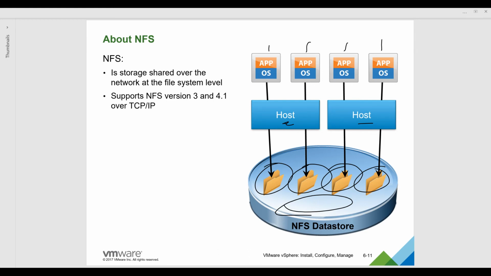Now, one thing I want to point out, because NFS 3 and NFS 4.1 clients do not use the same locking protocol, you cannot use different NFS versions to mount the same data store on multiple hosts. So we have multiple hosts on the same data store right here. Just know that you can't use the same locking protocol.